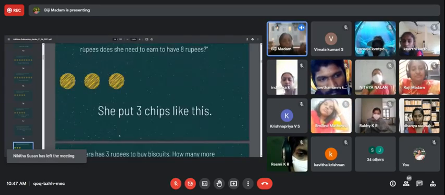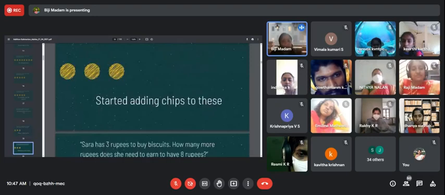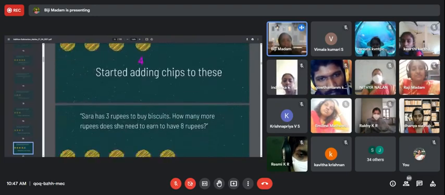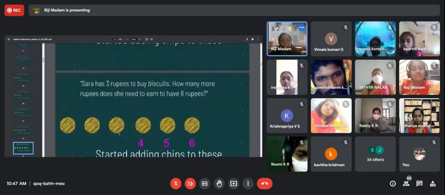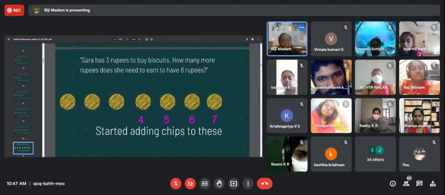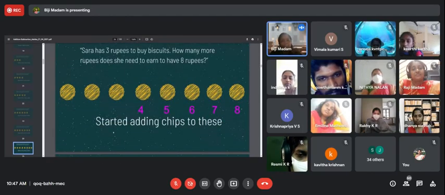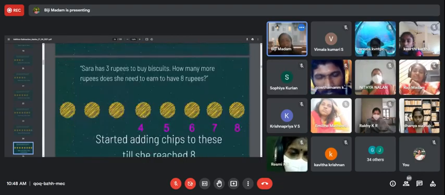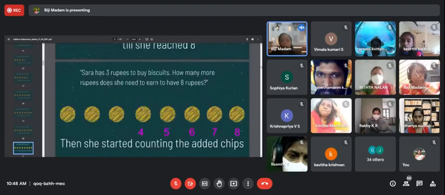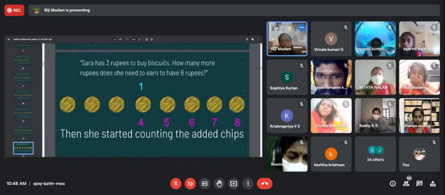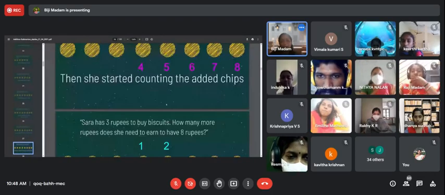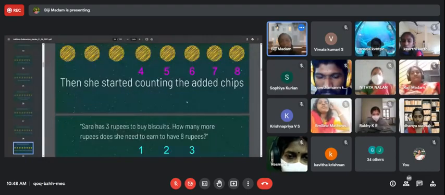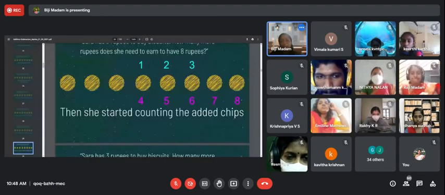Then she will add on one by one, 4, 5, 6, 7, 8, and she keeps the extras, and now she starts counting the number of chips which she has added, 1, 2, 3, 4, and 5.